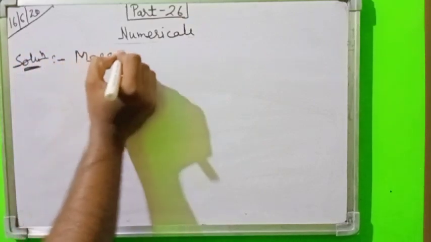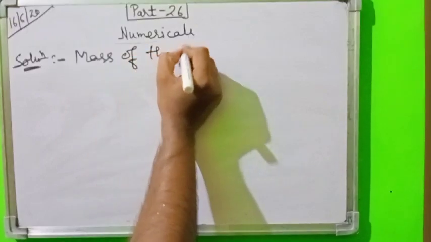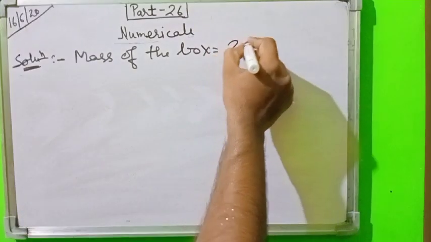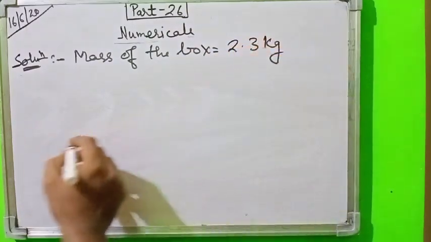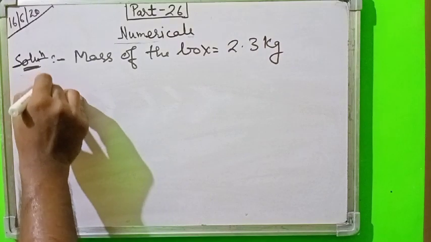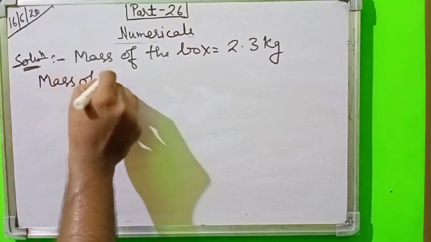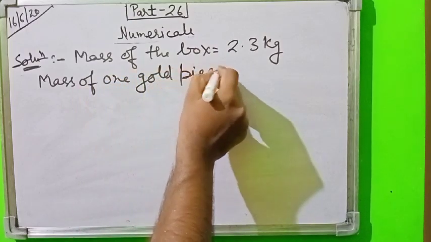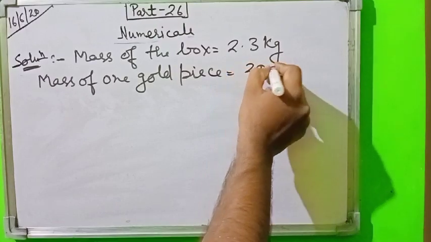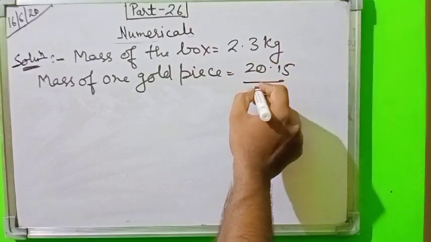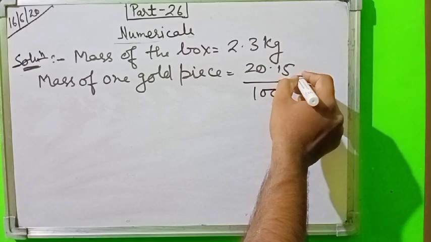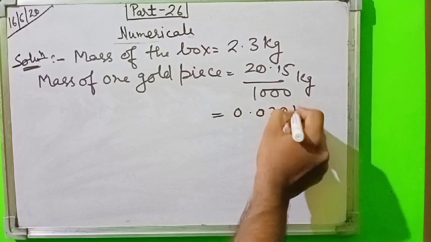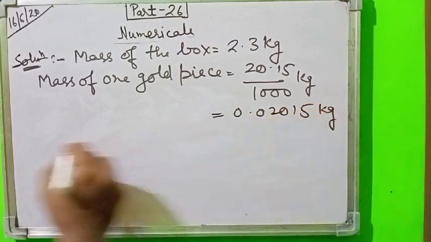Mass of the box is 2.3 kg. Mass of one gold piece is 20.15 upon 1000 kilogram, and it is equal to 0.02015 kilogram.